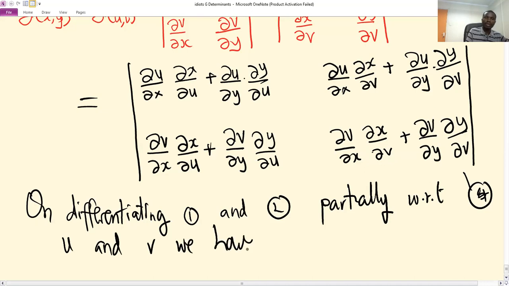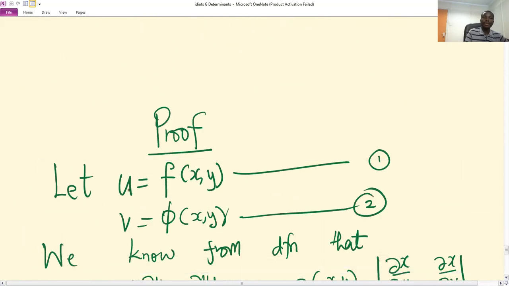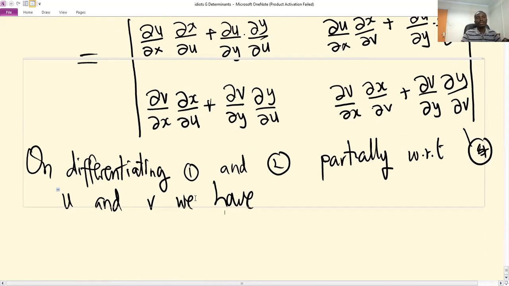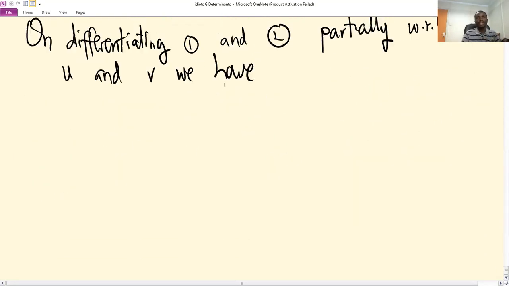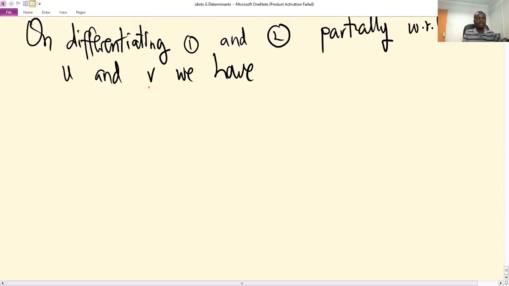Remember, 1 and 2 are these functions here: u is a function of x and y, and v is a function of x and y. Because they are functions of several variables, we'll use the chain rule to carry out that differentiation. If you don't know how the chain rule works, please check the work done in calculus for functions of several variables.